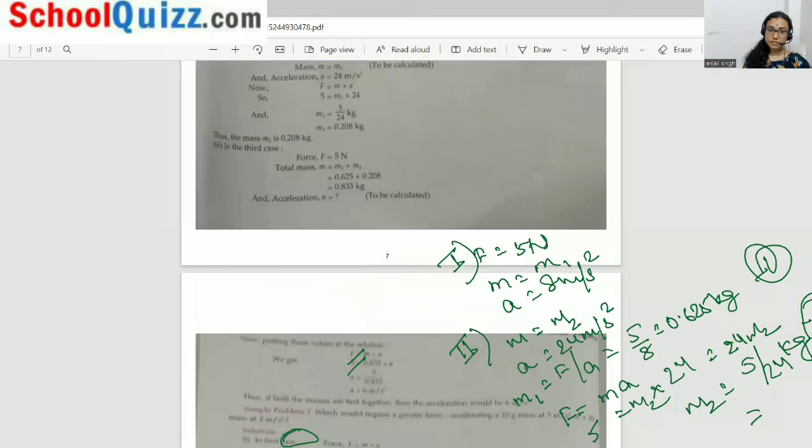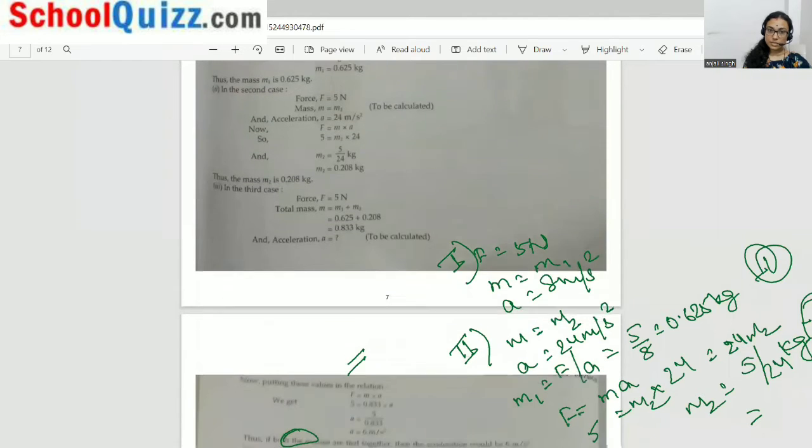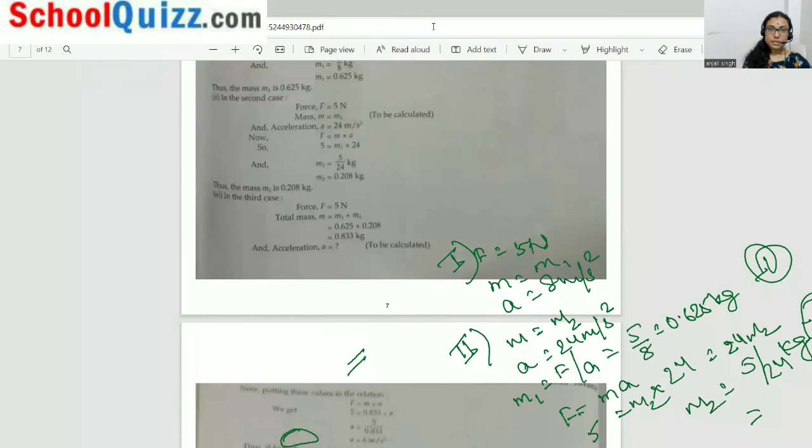Clear? Okay, that's clear to you. Now you have to find the acceleration again. That's really easy. F is equal to ma, so a is equal to F by m. F is 5, that's given in the question for both the cases.